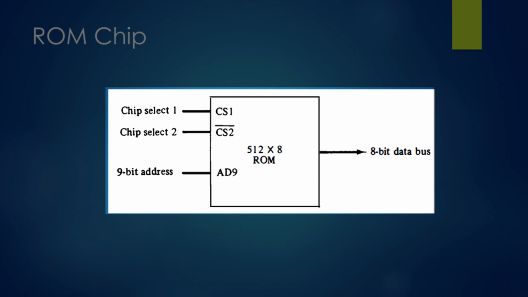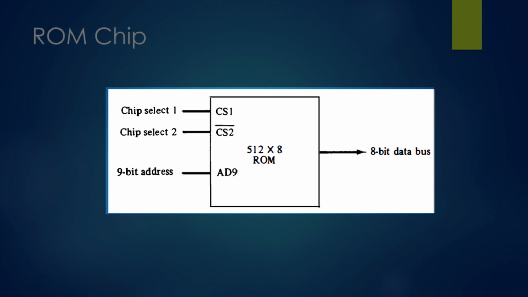As the ROM chip can only be read, we only have a data bus that is used for output and not for both output and input. In the RAM chip we saw that the data bus was bidirectional.